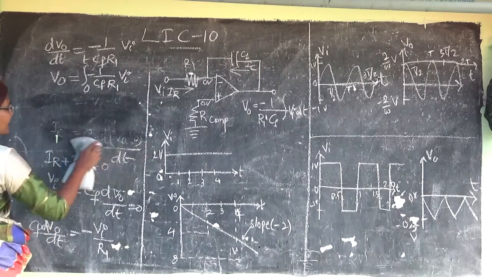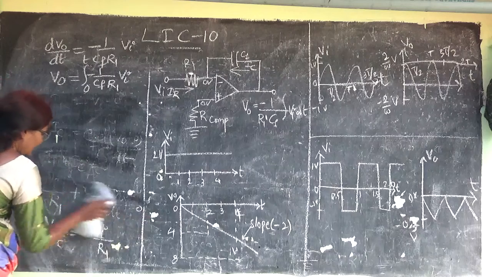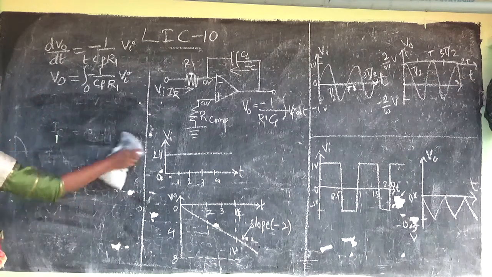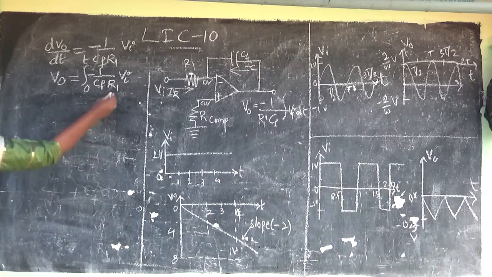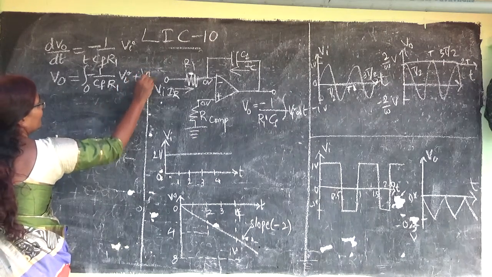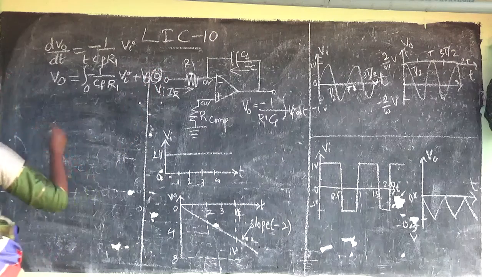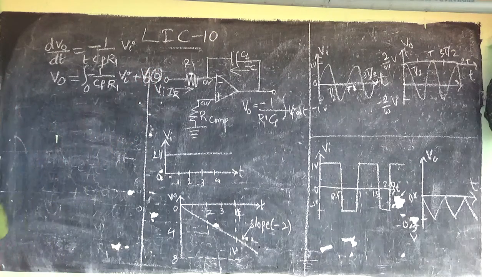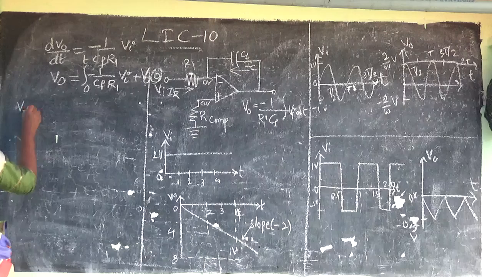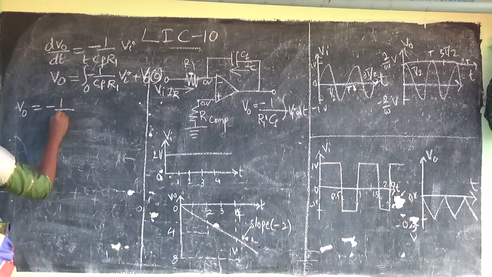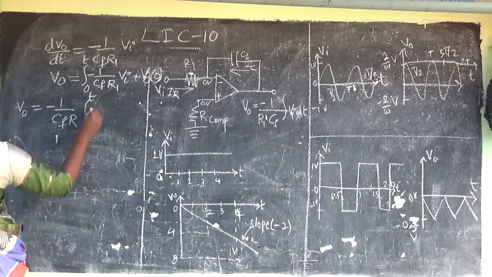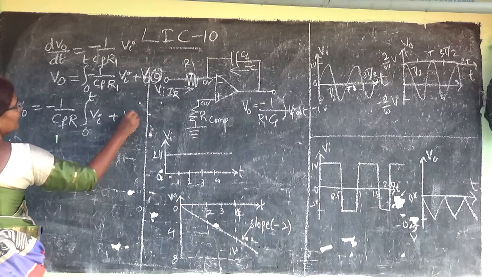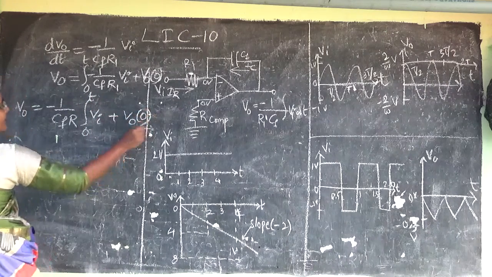And since it is a definite integral, you will get one more constant here, and that constant is going to be V naught at 0. So my V naught is minus 1 by CF R1 integral from 0 to t of VI plus V naught at 0, the initial condition.